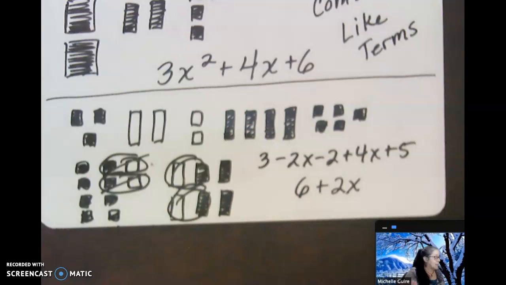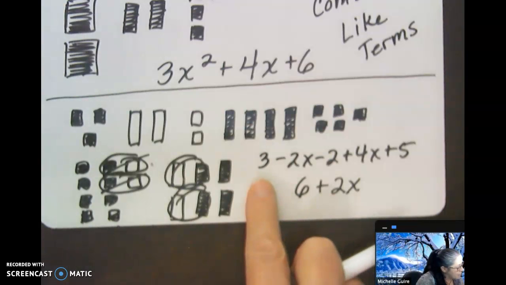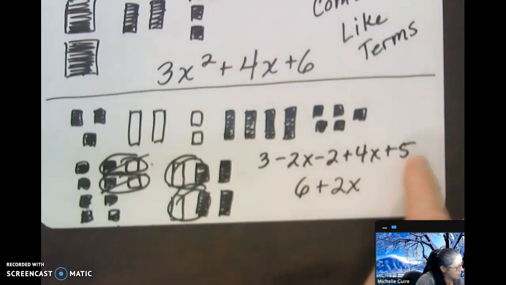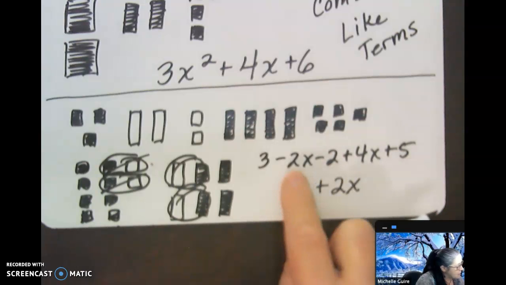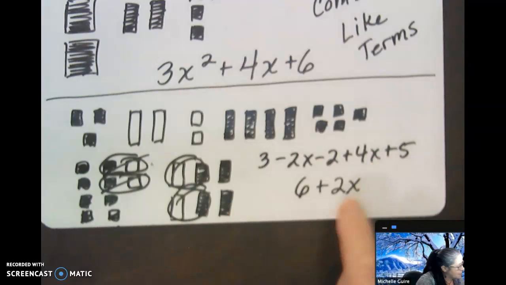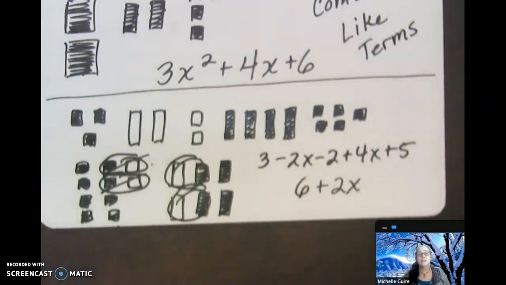And we're done. That's it. And if I look it over, 3 minus 2 is 1 plus 5 is 6. Negative 2x plus 4x is positive 2x. And I'm done. And that's how we combine like terms using algebra tiles.